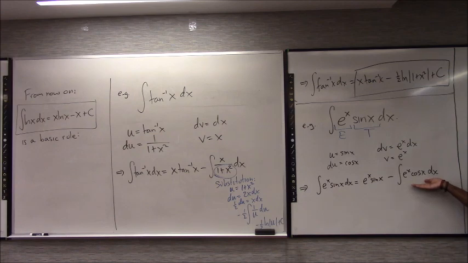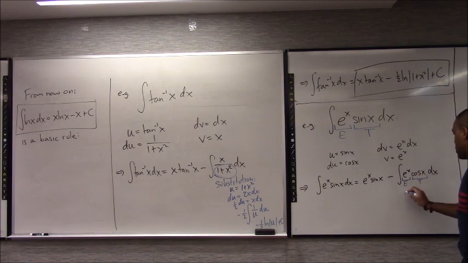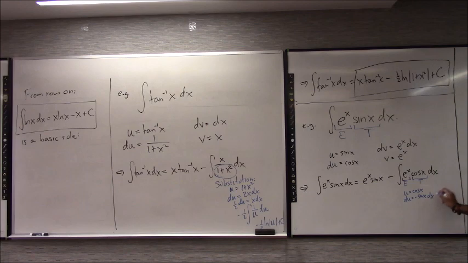Can we do that? How would I do this integral? e to the x times cosine. By parts again. Okay, so we'll do by parts again. So here that is an e, that here is a t. So I'm going to do u equals the cosine of x, du equals minus sine of x, my dv equals the e to the x dx, my v equals e to the x.